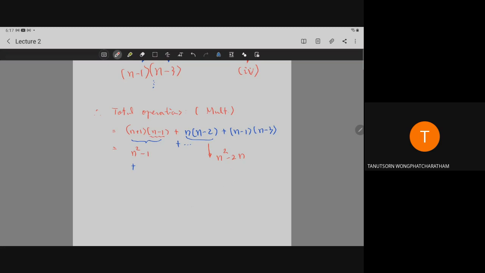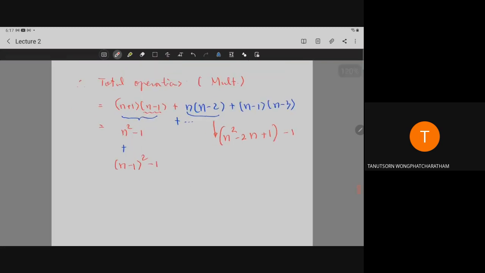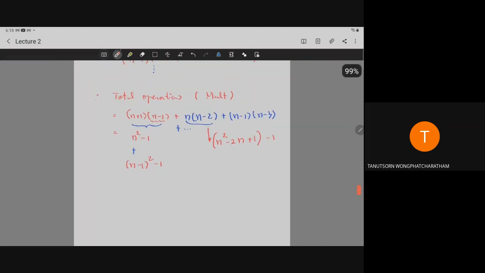I will try to express it as n minus 1 square, so I add 1 and then subtract 1. So here I will have this term, and we'll do this for the next term.